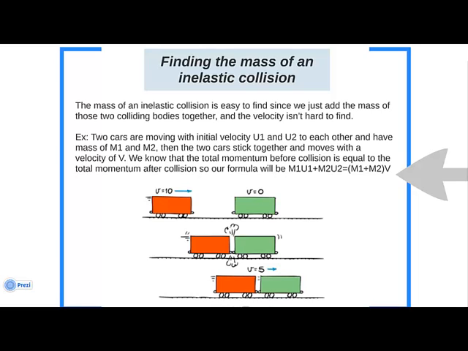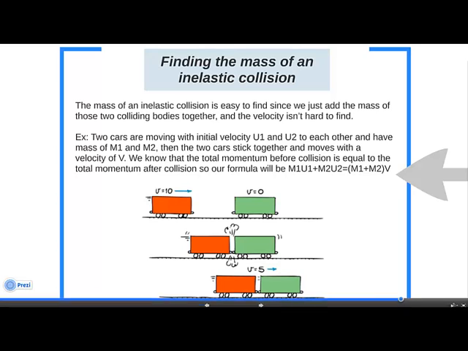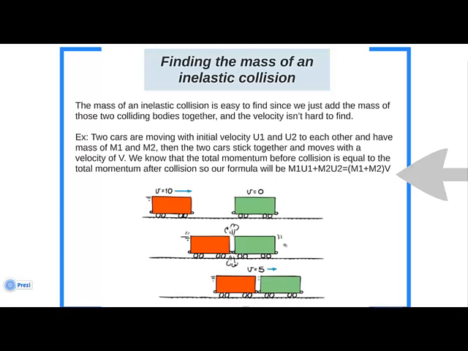The example here shows two cars moving with initial velocities of u1 and u2 toward each other, and they have masses of m1 and m2. These cars stick together after the collision and move with a velocity of v. We know that the total momentum before the collision is equal to the total momentum after the collision. So we can solve for the velocity after collision with the formula of momentum.